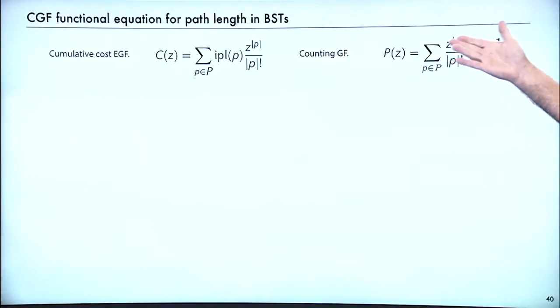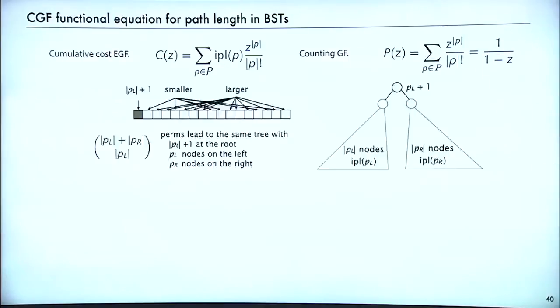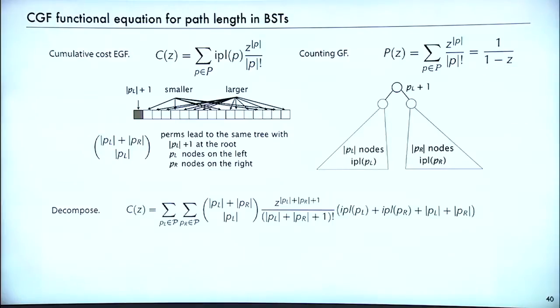So again, this is just a summary. What we're after is an equation that C of z has to satisfy. And then what we're going to do is use this relationship that we talked about before that gives us all the permutations that lead to the same tree.